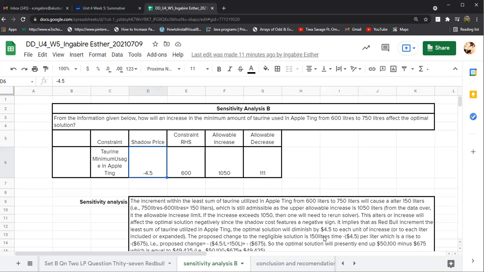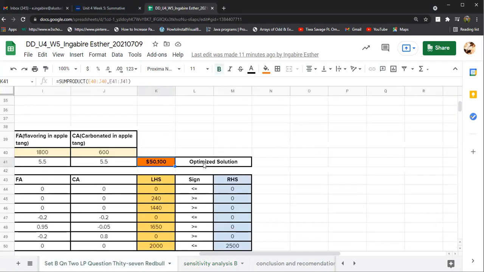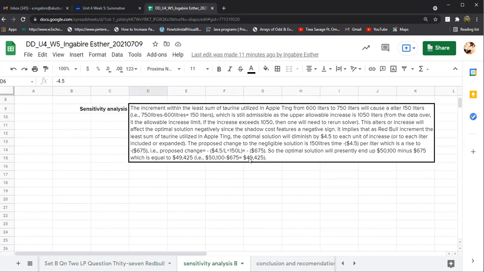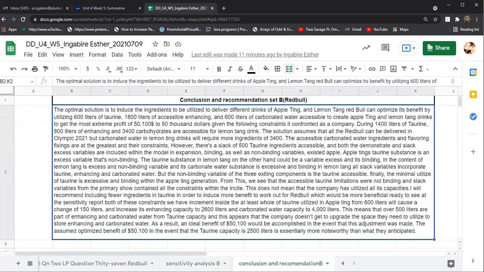The optimal solution we have is 50,100, minus the proposed change of 675, and we end up getting $49,425.